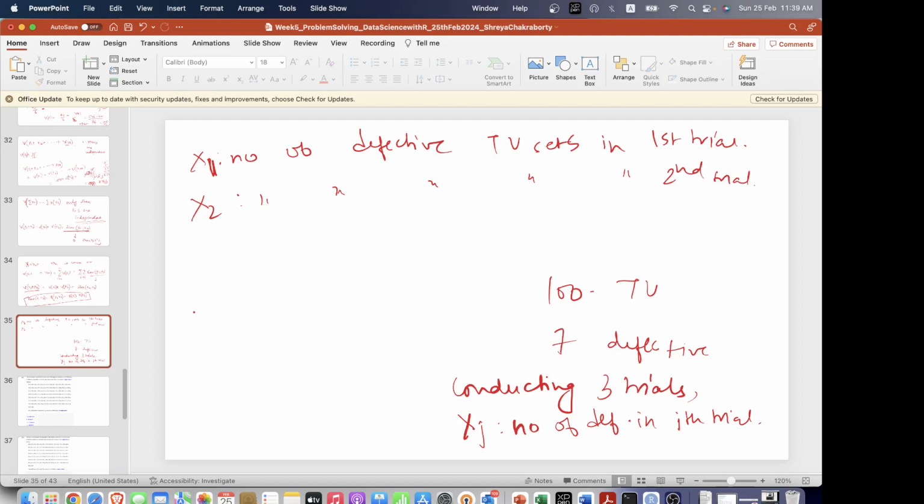Now let's say the condition is x1 is number of defective TV sets in first trial.